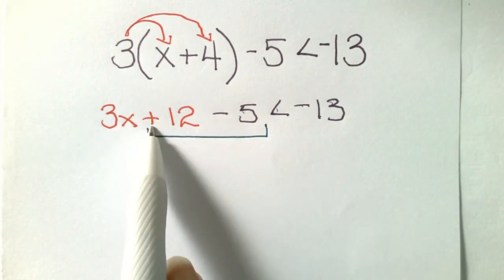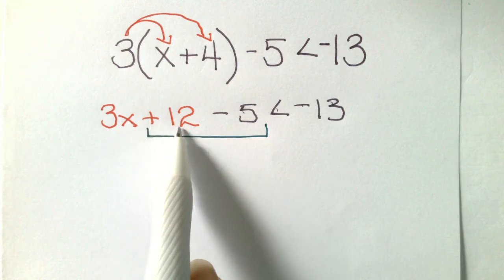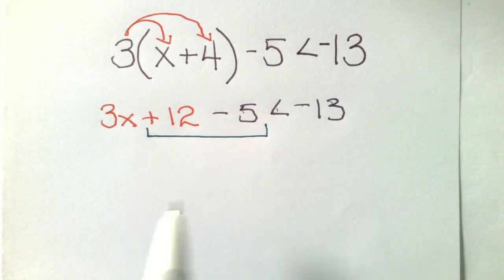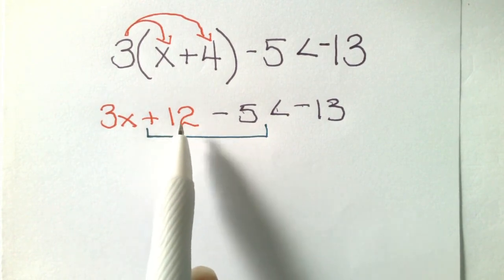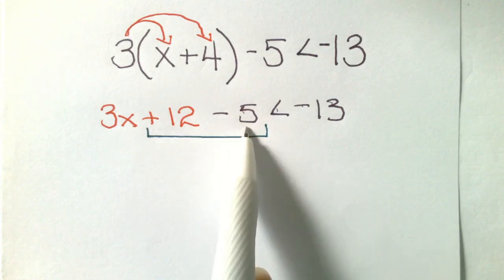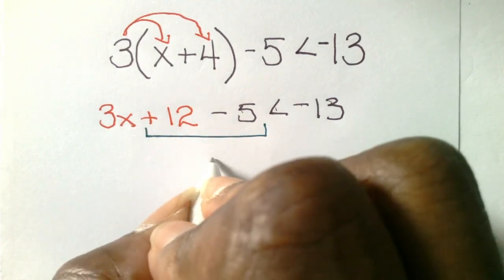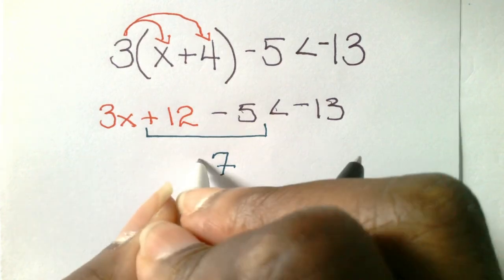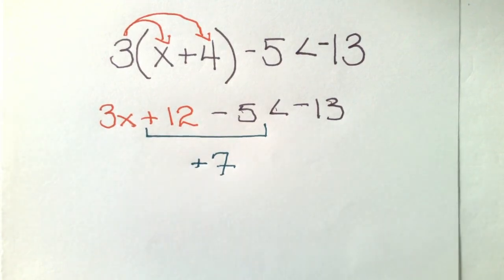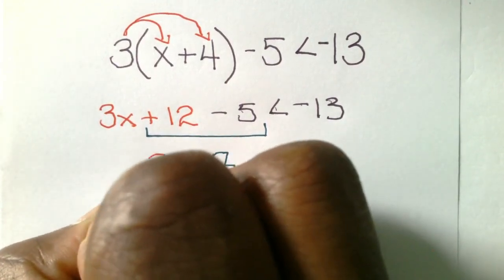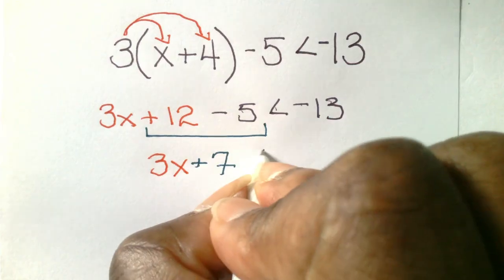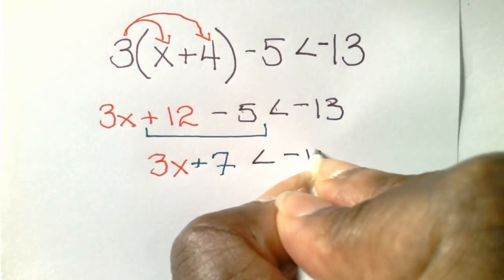This plus sign is acting as a positive for the 12. Not the 3, the 12. If you think of it this way, you have $12, you spent $5, that means you still have $7 left. So it will be a positive 7. You bring down your 3x, and then you bring down your less than -13.